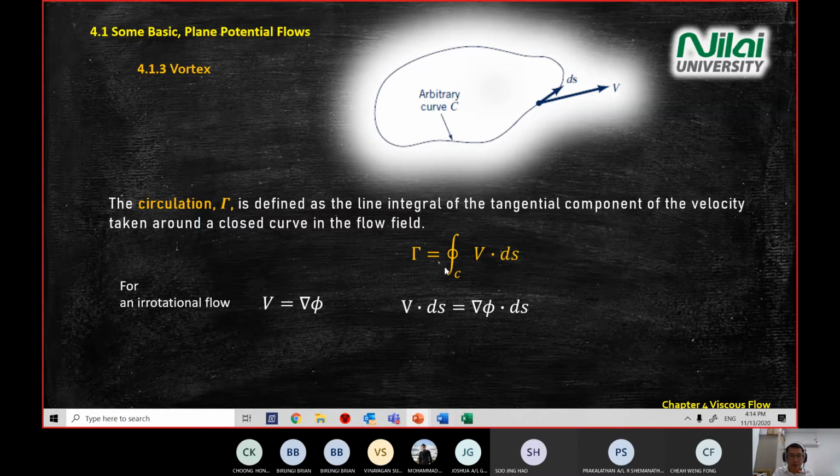So you substitute inside the circulation equation, V replaced by del phi, on the right hand side. You write V dot ds, and this gives you d phi.